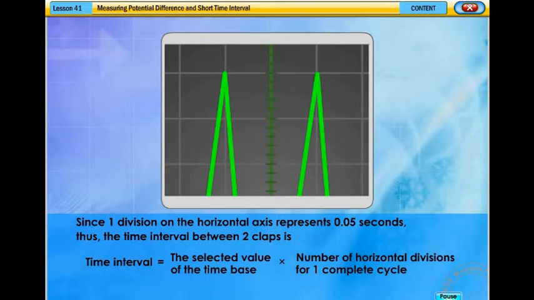Since one division on the horizontal axis represents 0.05 seconds, the time interval between 2 claps can be calculated by multiplying the selected value of the time base to the number of horizontal divisions for one complete cycle.